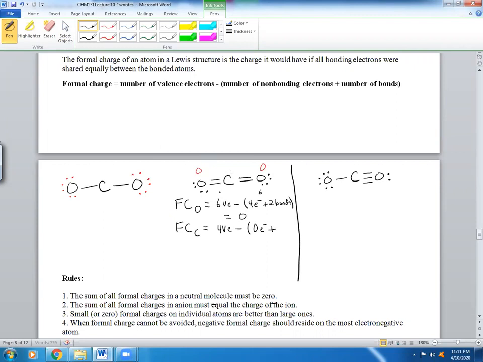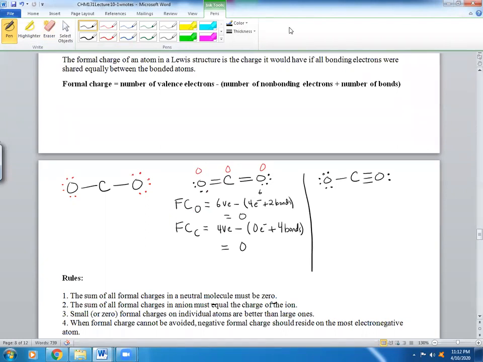Plus, how many bonds does it have? 1, 2, 3, 4. I don't want to run out of space here. So it's 4 minus 4 is 0. Very well. So zeros on all of them. Okay, let's do the next one, and then we'll look at the rules to know which one is better.